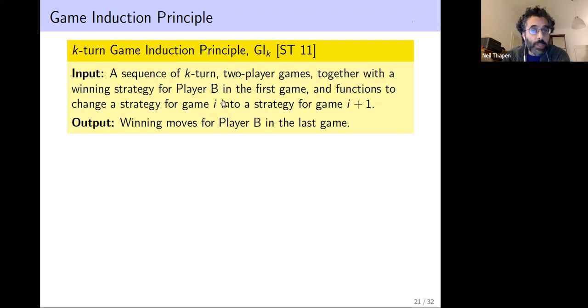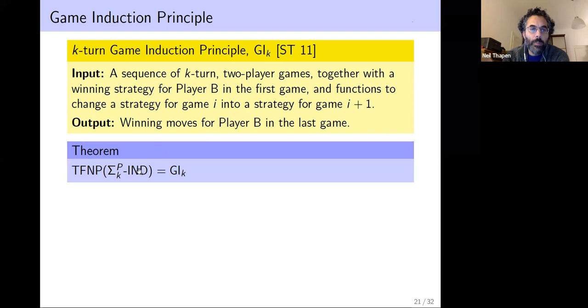And you also have machinery that is able to make a winning strategy for player B in game i into a winning strategy in game i+1, and there are exponentially many games. So inductively, if you could do some big induction where you can compute some big strategy, you could find a winning strategy for B in the last game. So winning moves must exist for any move of A. And this is a version of the principle where the problem is to find these winning moves.